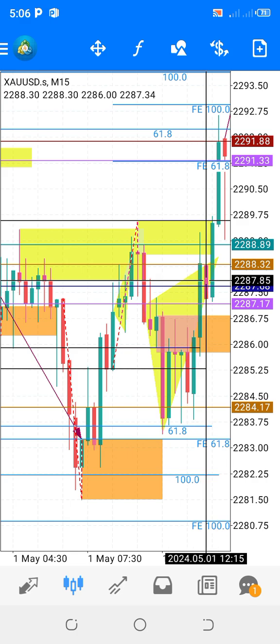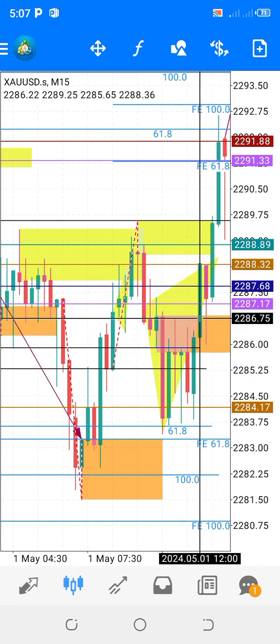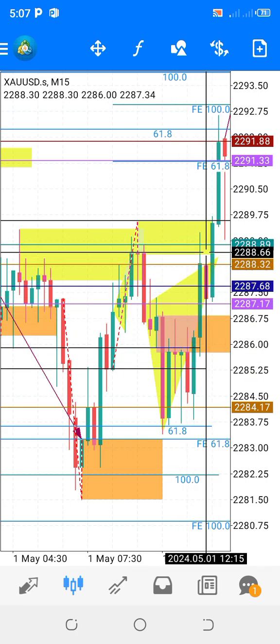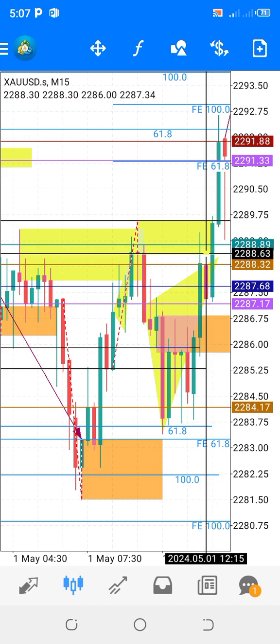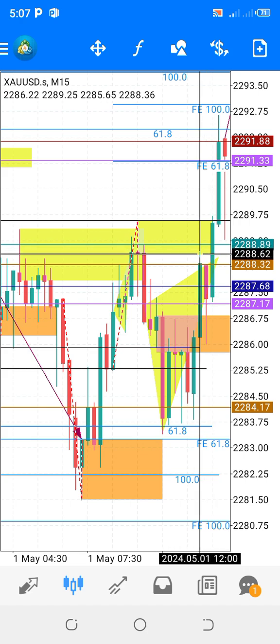So let's observe where we take our entry from here. Here, the market comes deep into our entry to activate our trend continuation entry, picking our buy stop entries.